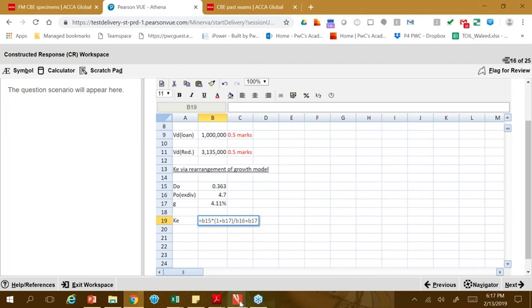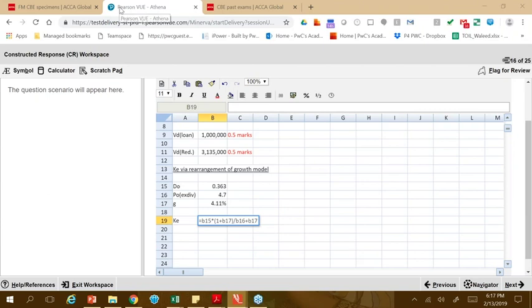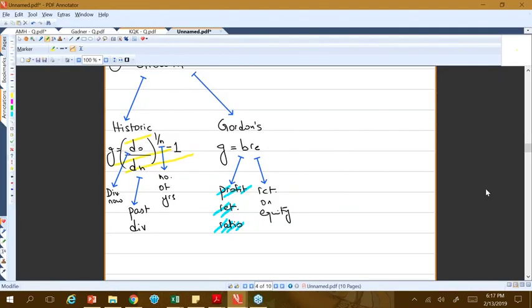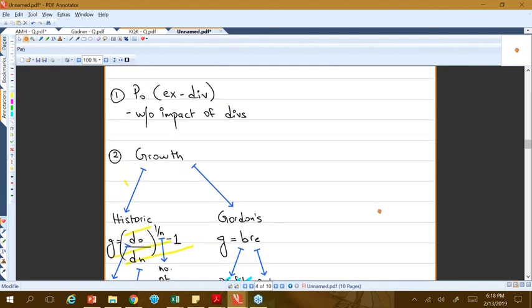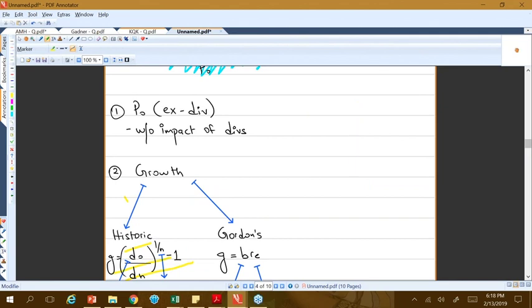So what I've done here is I have simply used this formula on my spreadsheet. The rearrangement formula of the growth model is what I have used. Understand?